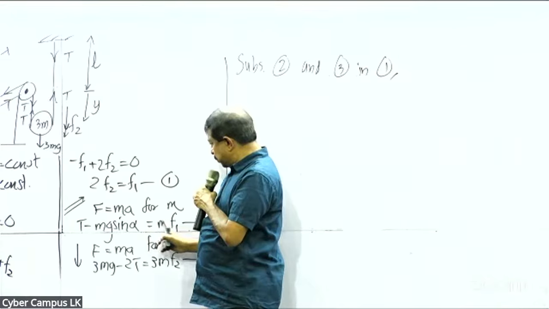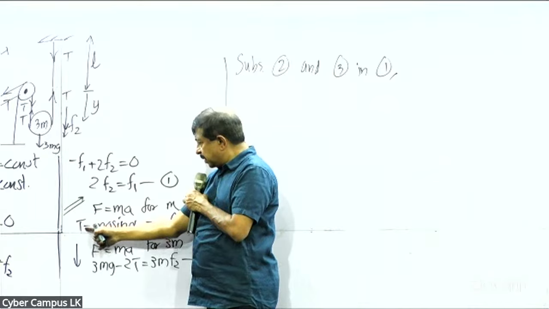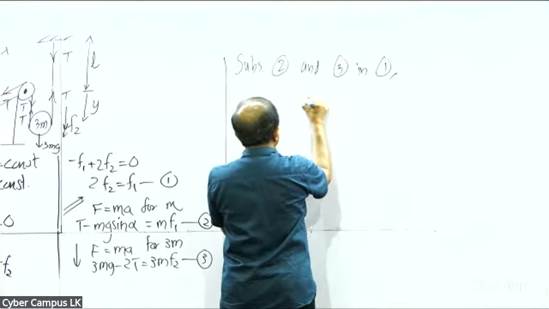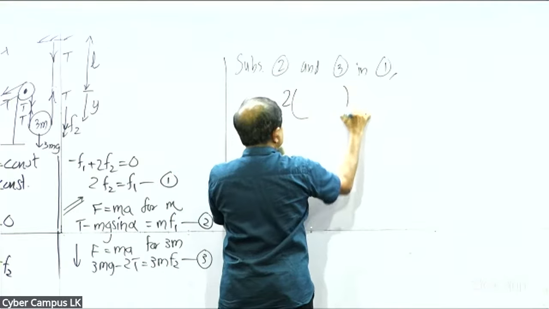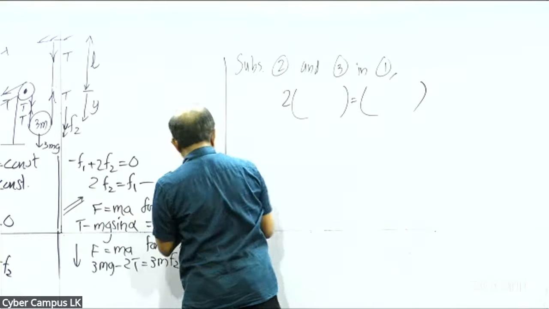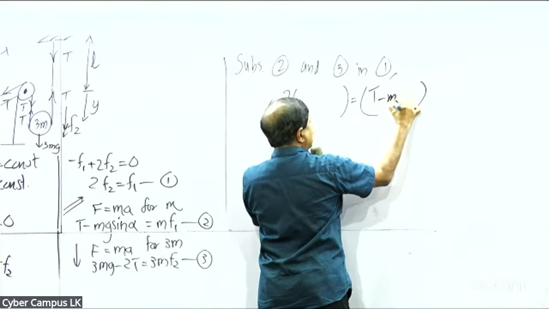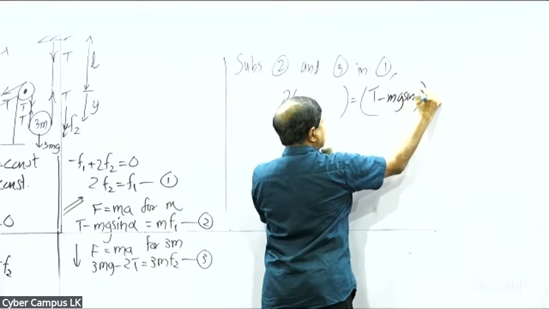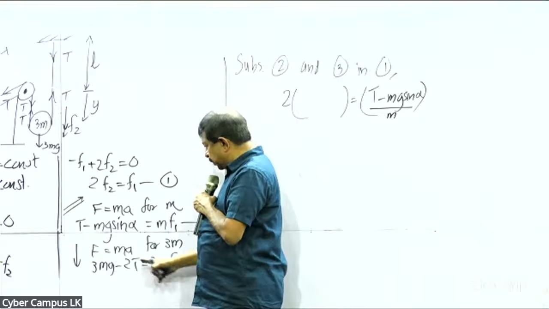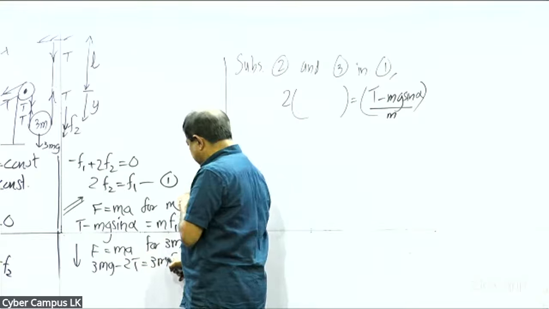So F1 is T minus mg sine alpha over m, and F2 is 3mg minus 2T over 3m.